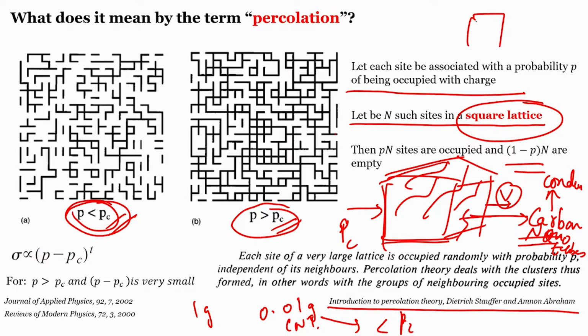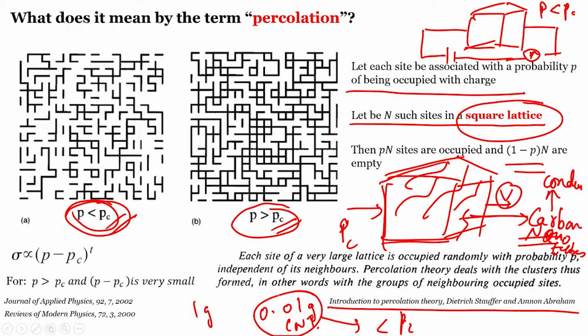So just to make it more clear, if this is a polymer composite and I am applying a potential here, and I am reading what is the current here. If I go for this part where P is less than Pc, which means the number of carbon nanotubes mixed in this composite are less than Pc, then I won't be able to form any single conductive path which can complete this circuit.